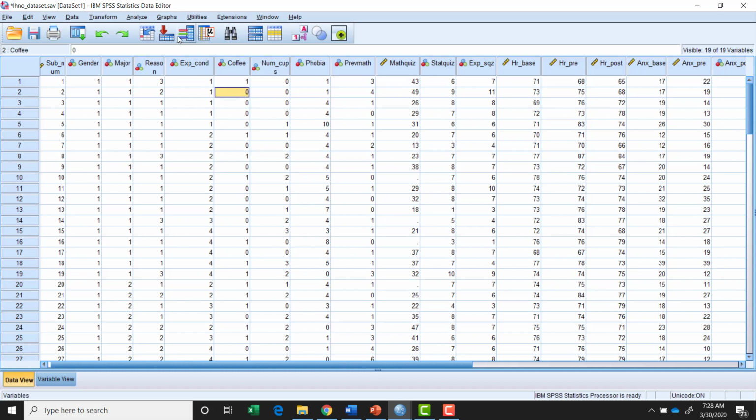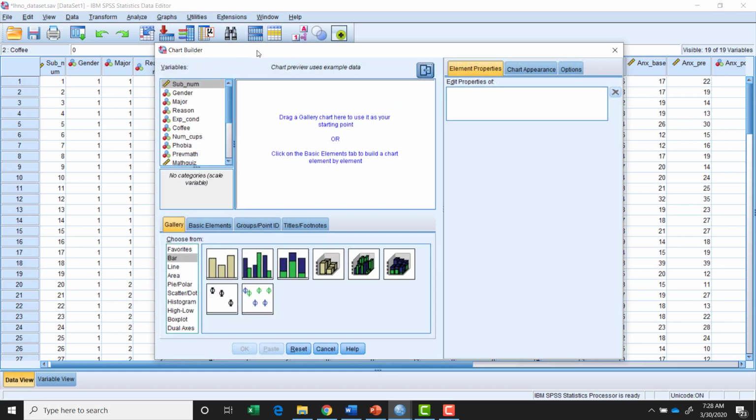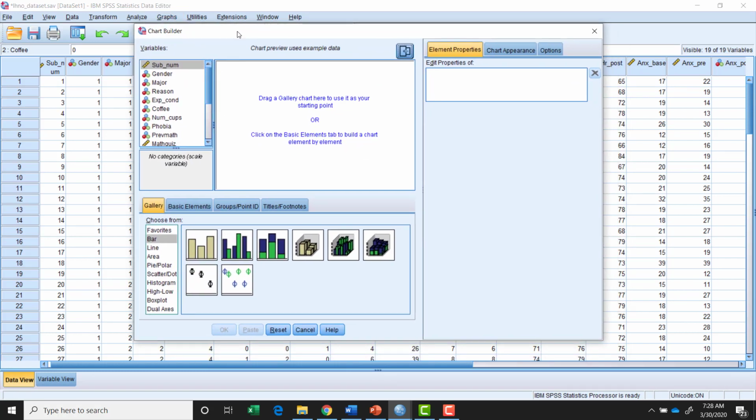So let's go through this and do some graphs. You go to Graphs and you go to Chart Builder. This is relatively new. SPSS has lots of other graphs hidden away, but this is a feature to put a lot of different types of graphs together.